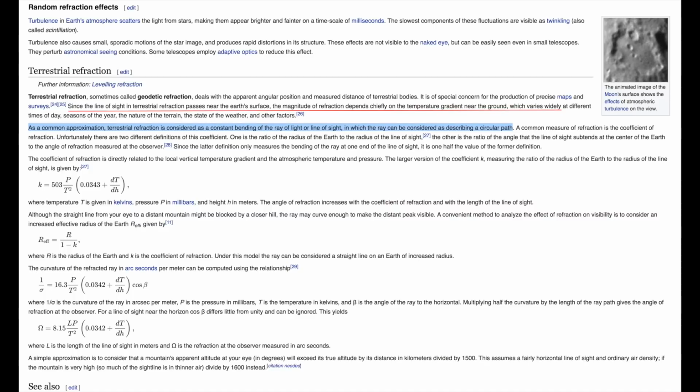The highlighted text says, as a common approximation, terrestrial refraction is considered as a constant bending of the ray of light or line of sight, in which the ray can be considered as describing a circular path. So there's refraction, and it's bending that line of sight. But which way is it bending?